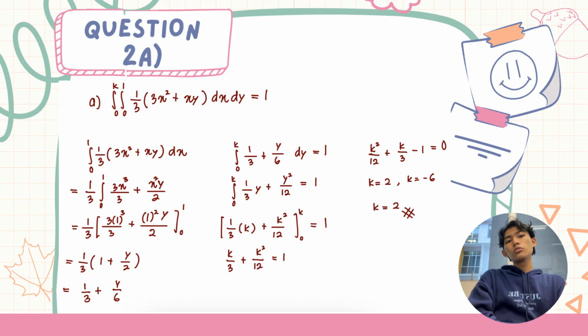After substituting the limits from 0 to k, we simplify the expression and then integrate with respect to x. After solving the equation, we obtain a quadratic equation in k. Solving this equation gives k equals 2. Since k must be positive, we take k equals 2 as the final answer.